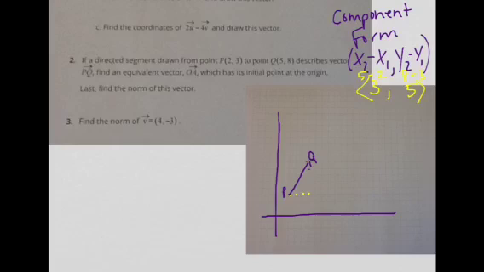Okay, so what the question is asking is find an equivalent vector that has that same component form, but is OA, and its initial point is at the origin. So my initial point has to be at the origin. In order to make the same vector, I've got to go over 3 and up 5. 1, 2, 3, 4, 5. Now, if I was using a ruler, this would appear to be a little bit more accurate.